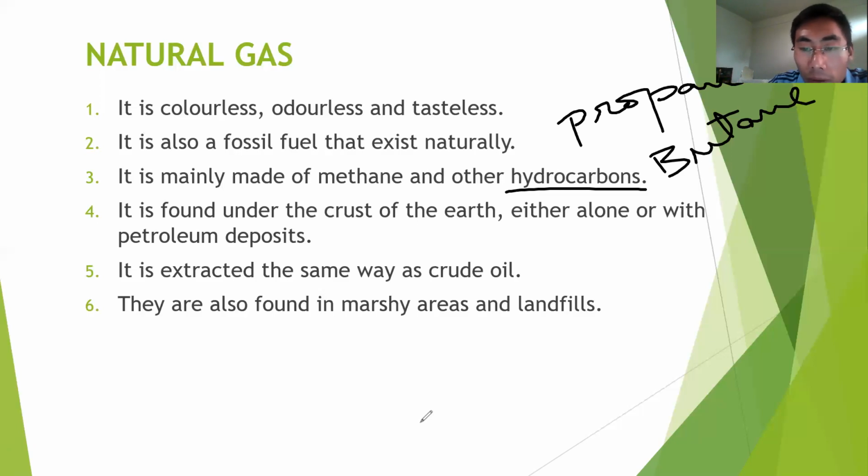Now, we already did it in the previous video, that crude oil is extracted by boring deep down the earth. So natural gas is also extracted in the same way.